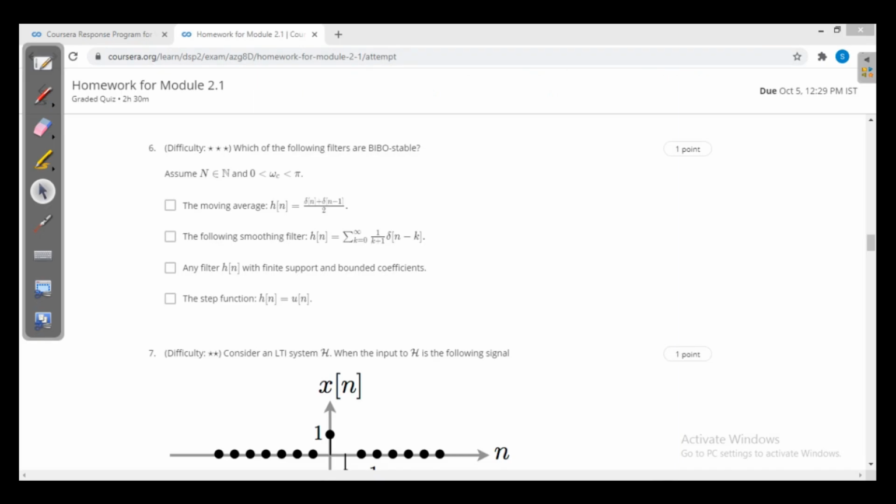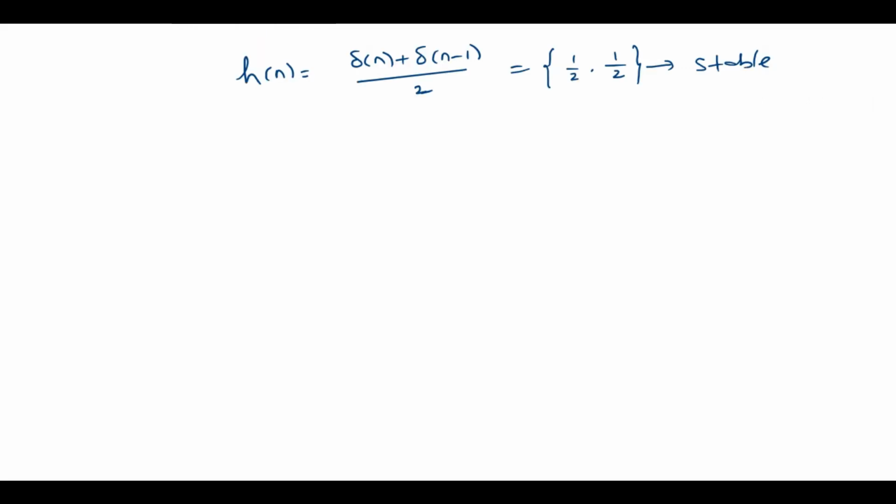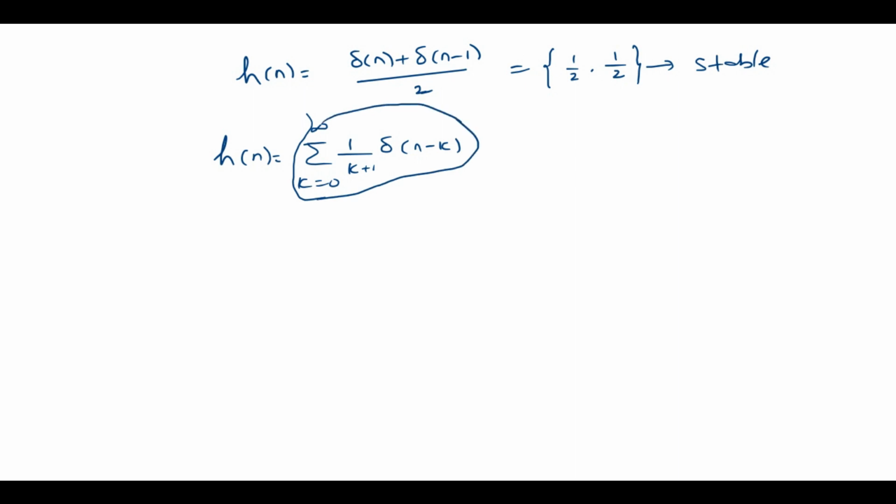Next, the following smoothing filter, summation k from 0 to infinity of 1 by k plus 1 del of n minus k. When you compute this, obviously this value is greater than 1.